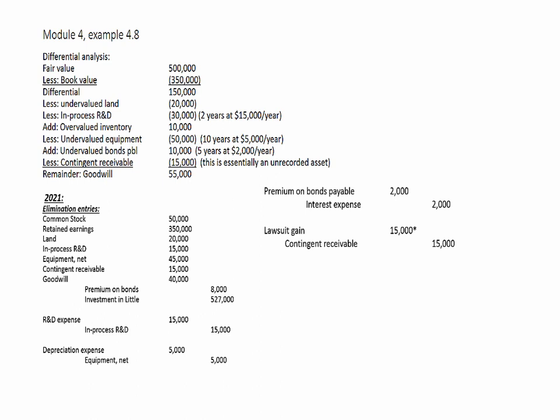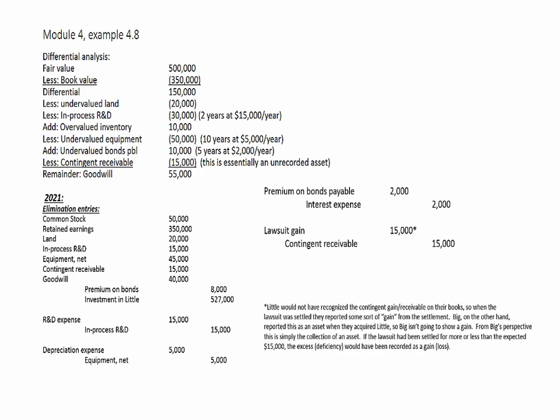On Little's income statement, they're going to have this lawsuit gain of $15,000. From a consolidated standpoint, that lawsuit gain should not be reported because, again, when Big Company bought Little, they bought that receivable. So all they're doing is collecting that receivable. So we're going to go ahead and eliminate the lawsuit gain and get rid of that contingent receivable that we created in that first elimination entry.